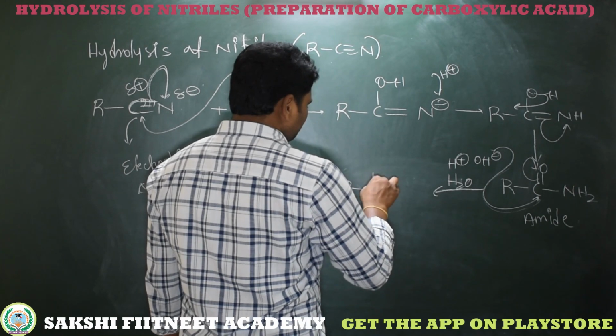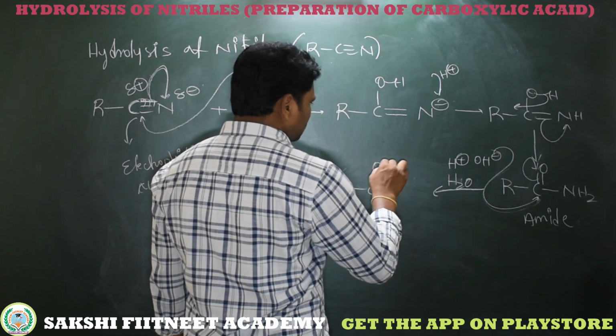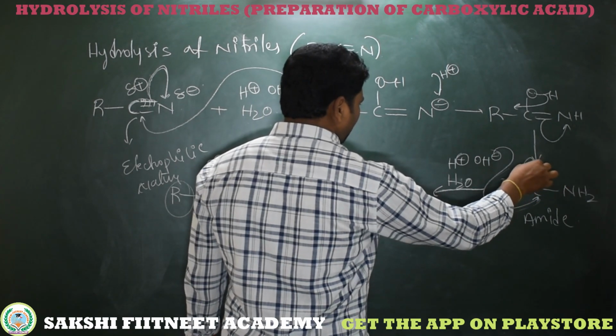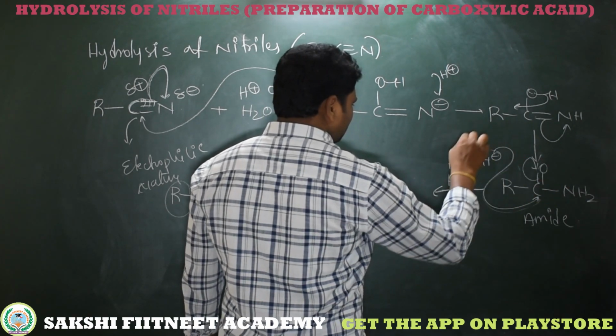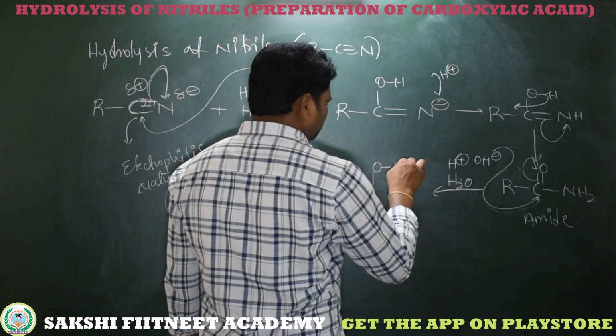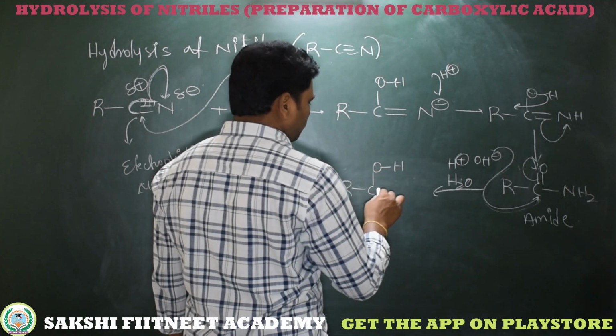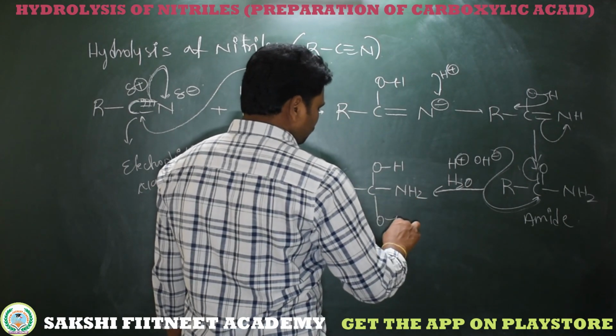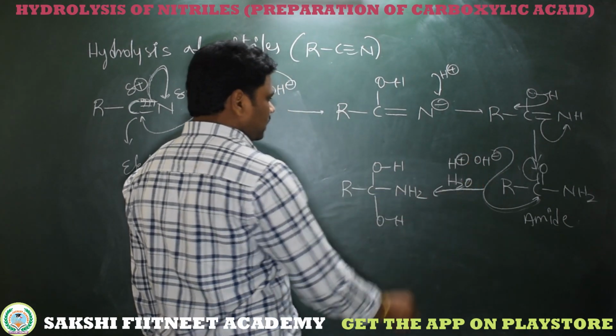Now we get RO minus. The bond electrons shifted to oxygen give it a negative charge, which is neutralized by H plus, becoming an OH sigma bond. Now the NH2 is as it is, and we have one more OH which came from the second water molecule.